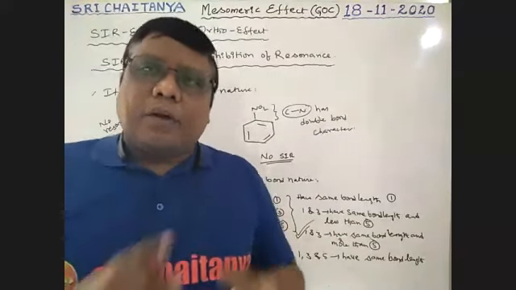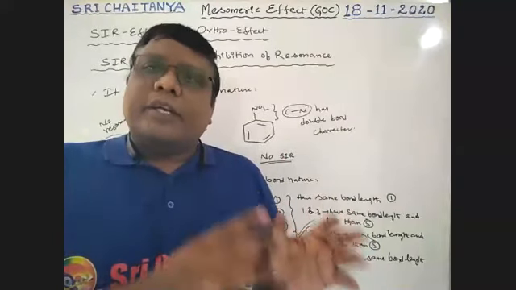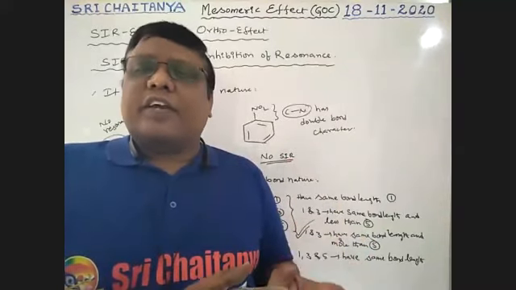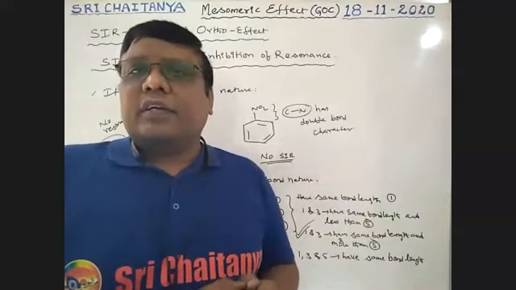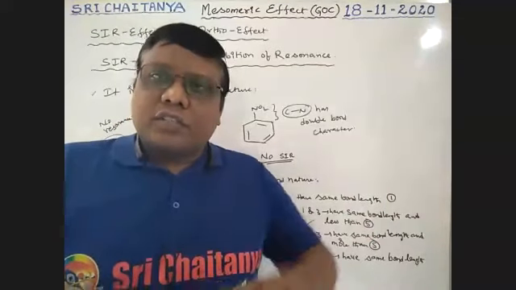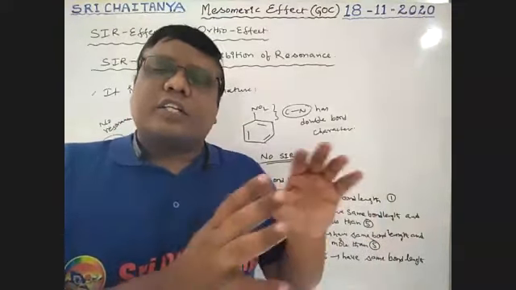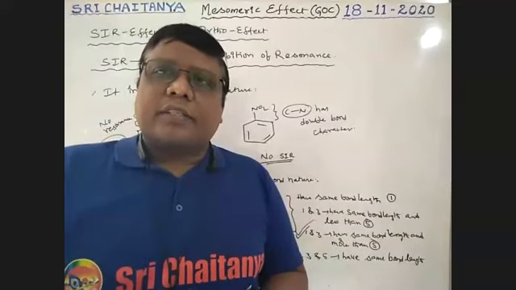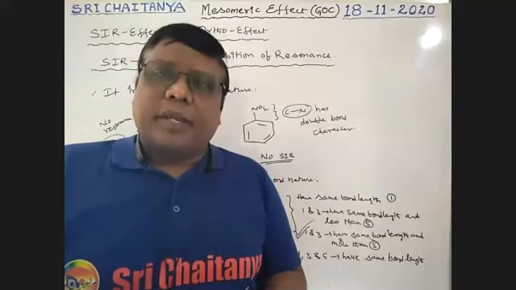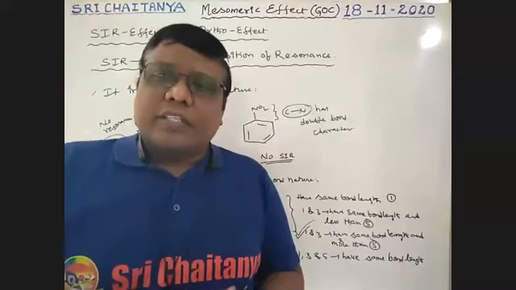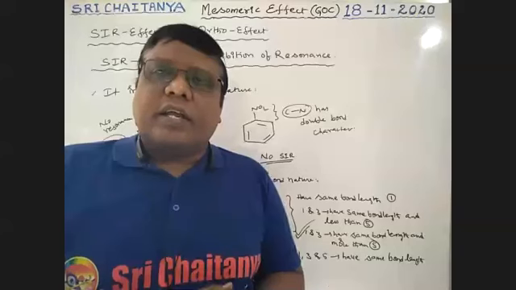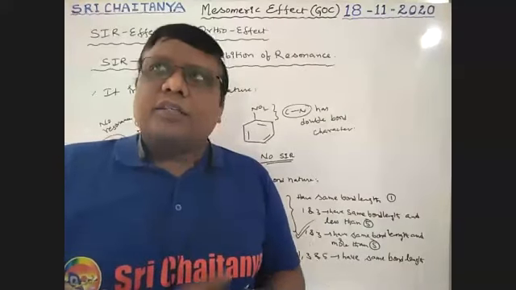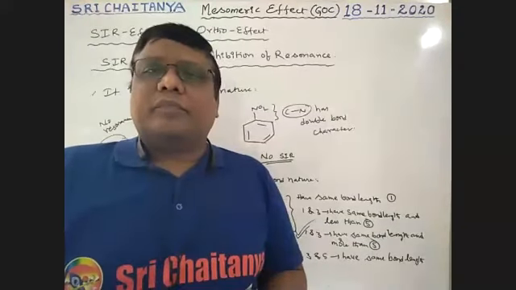So this was about resonance, mesomeric effect, resonance effect, cross conjugation, and lastly the SIR effect. All this about the resonance concept is over, boys. In the next class, we will discuss hyperconjugation and other cases. Right now I'm stopping this concept here. Thank you, boys.